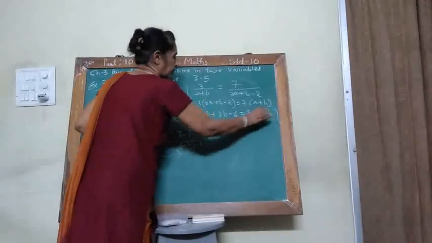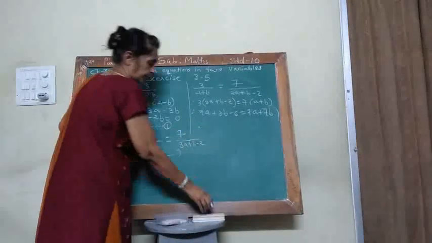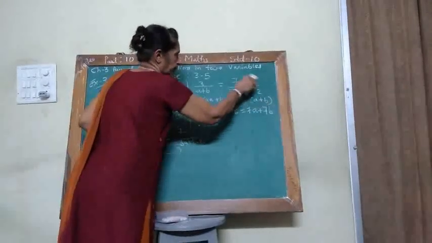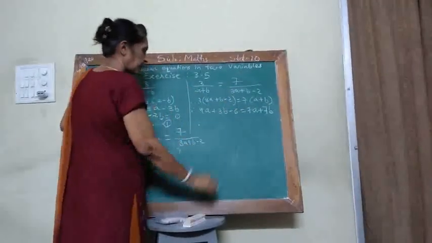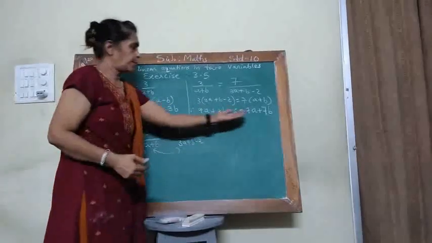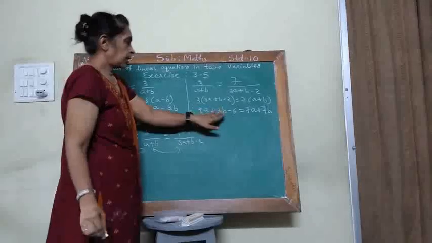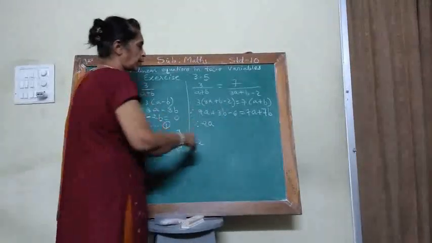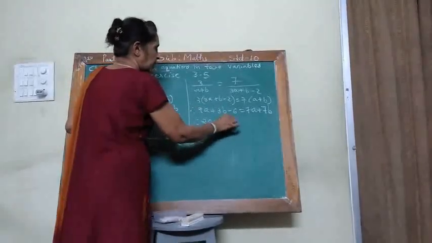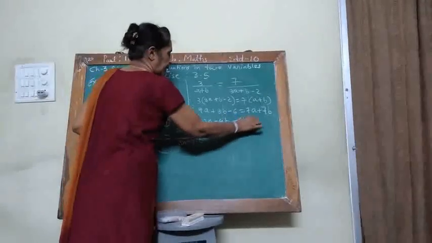And therefore 9A minus 7A is 2A, I write directly. 3B minus 7B is minus 4B. And minus 6 is already there.